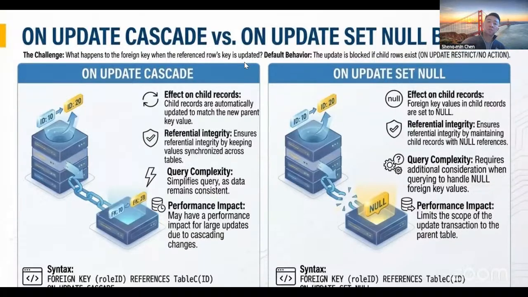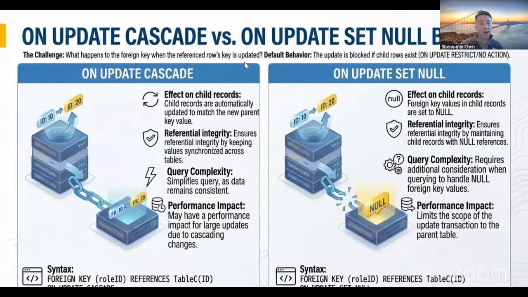Okay, so with on update cascade, what would happen is if the primary key is updated from 1234 to 2345, it is going to go to the foreign child table and update all the foreign keys from 1234 to 2345 as well. That may not sound so bad, right?